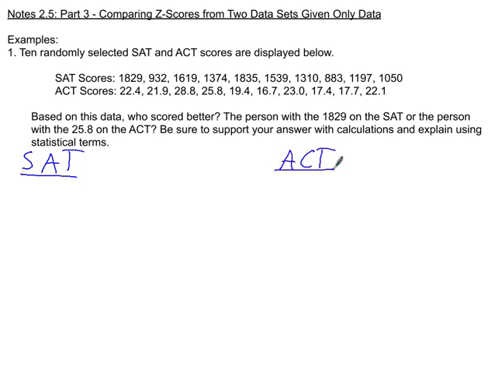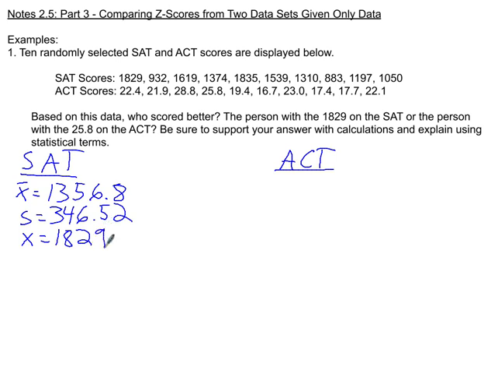Now we need to use our calculator to get the mean and the standard deviation of each data set. So we need to do this twice on the calculator. With the SATs, we find that the mean is 1356.8 with a standard deviation of 346.52. In the problem, we're looking specifically at the data value of 1829.